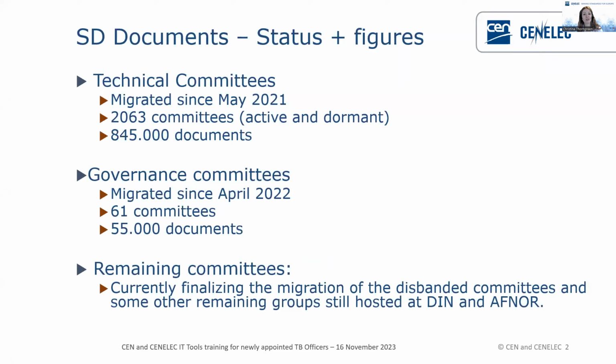On the governance committee side, so non-technical bodies, we have migrated 61 committees and about 55,000 documents. And then we have some remaining committees that we are still in the process of finalizing the migration of, these disbanded committees. Some of them are hosted at DEAN and AFNOR.